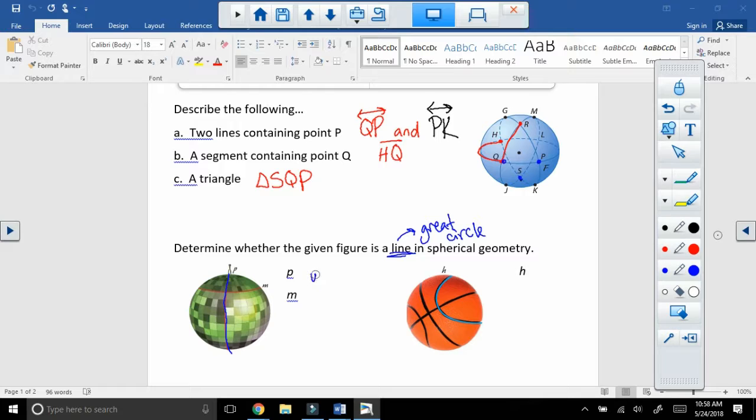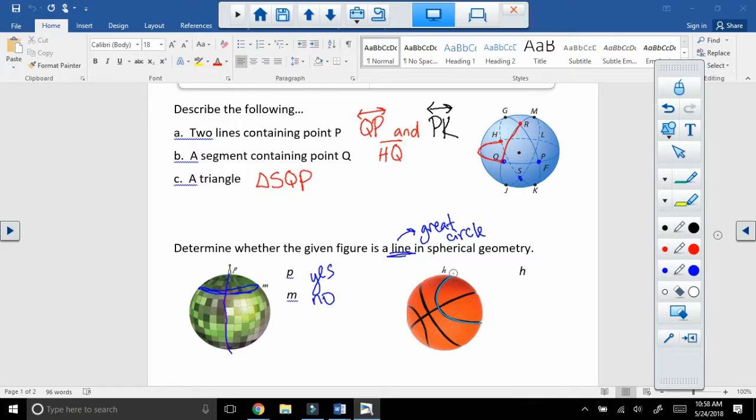Yeah. What about M? Would M be a line on that sphere? No, because it's not the great circle. Okay, it's too far up on the sphere. It has to be a great circle in order for it to be a line. Can't just be any circle. It has to be like the biggest one through the poles that we talked about yesterday.